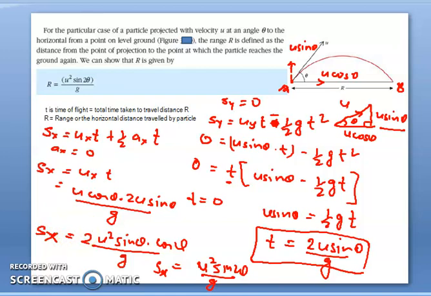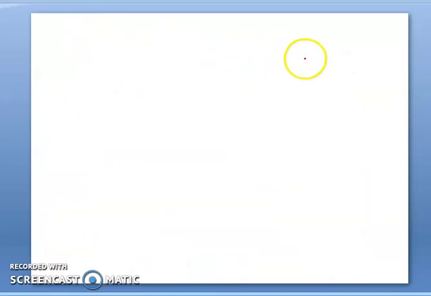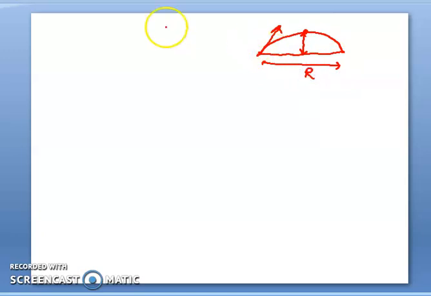Now if I move to the next one, if an object is thrown like this and it goes like this, this is the maximum height of the object, right? And this is the range, right? Range we calculated, which is equal to u square sin 2 theta upon g. Now we know the maximum value of sine is always 1.